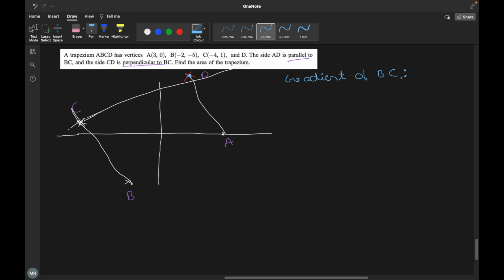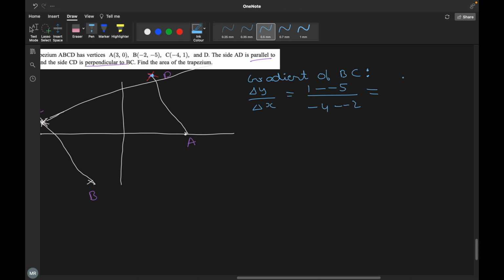So that's what we're supposed to do. So let's do it. Gradient of BC, which is change in y by change in x, which would be 1 minus negative 5 divided by negative 4 minus negative 2.